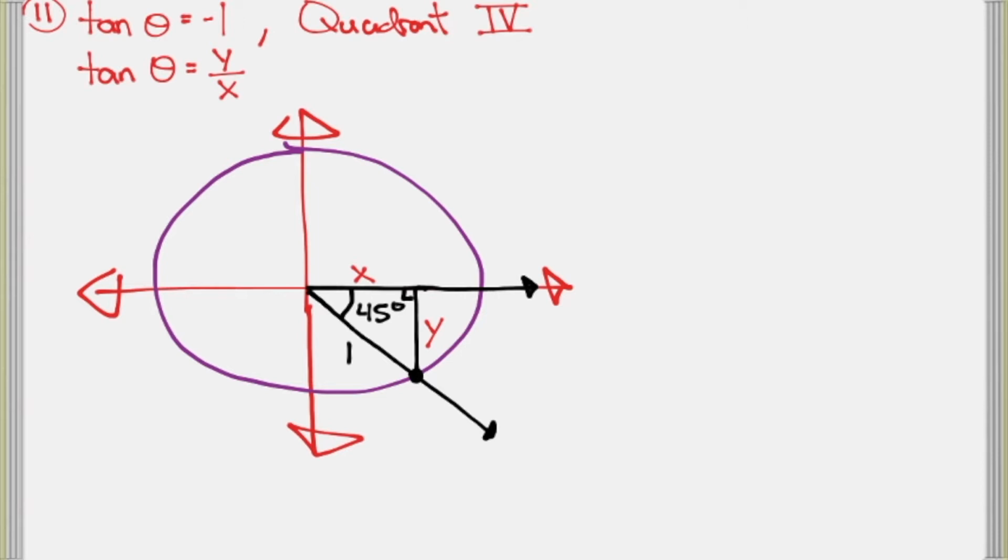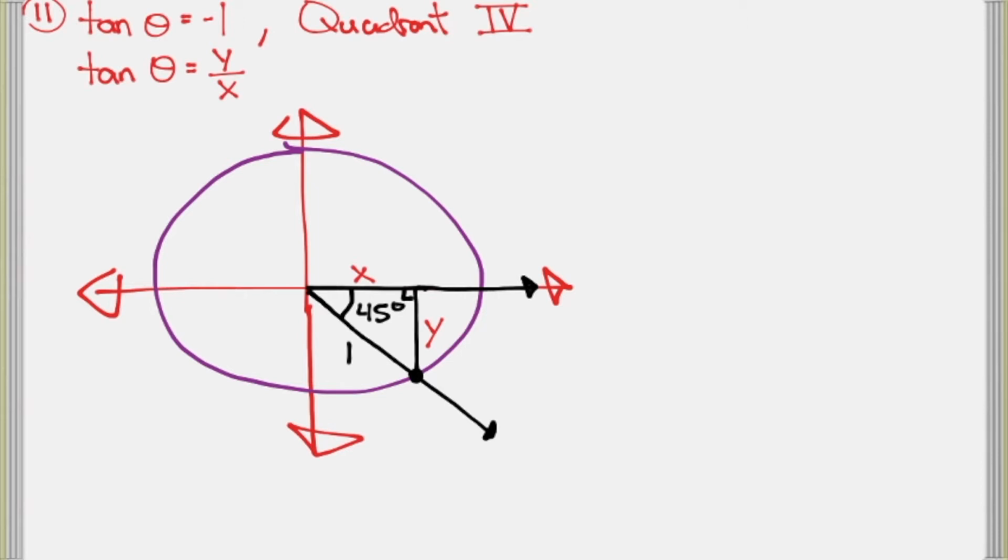So then it's just a matter of understanding what is going to be x and what is going to be y, because the problem is asking you to find the other 5. It's giving you tangent of theta. It wants you to find cosine, sine, cosecant, secant, and cotangent. So it's wanting you to find the other 5, and we need that x and y value.